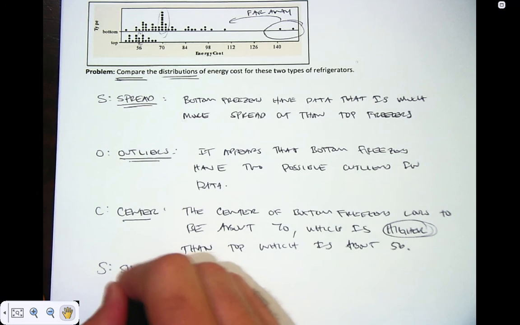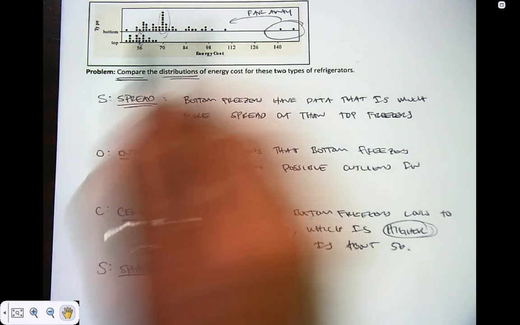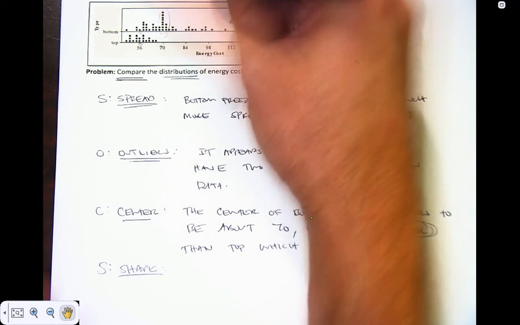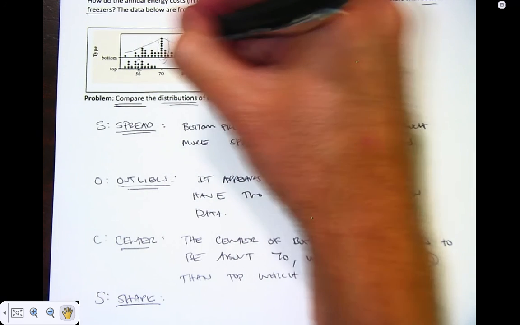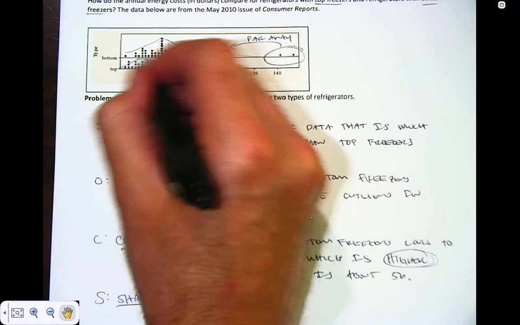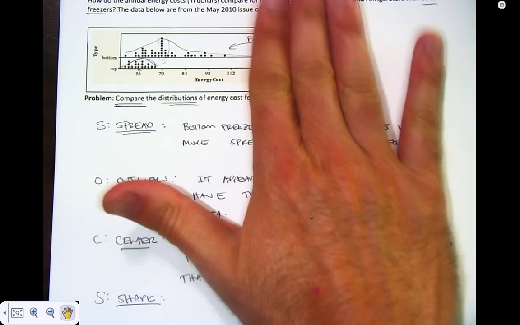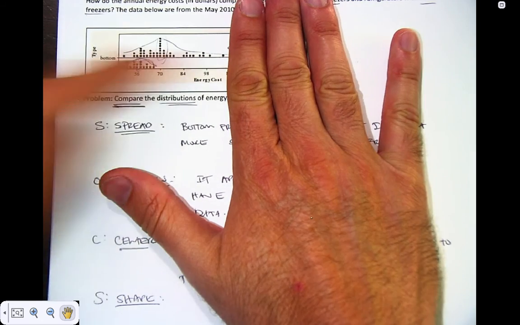Okay, our last one here would be shape. How do you describe shape? Well, you want to draw that invisible thing over it, and then it goes way out to the right. And then here, it's just kind of compact. I kind of feel like, you guys, if you take away those possible outliers, this looks roughly symmetric.